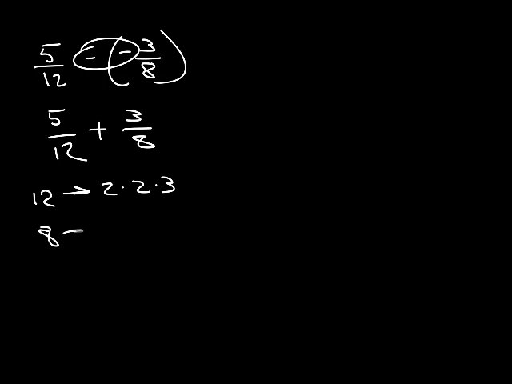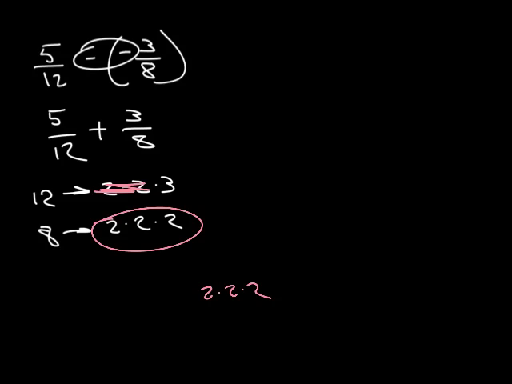And the 8 is 2 times 2 times 2. So we're going to look at the 2's in the top and the 2's on the bottom. 3 times down here, only twice up there, so we throw those out. So 2 times 2 times 2 is what we're keeping. And we have a 3 up here, but we don't have any down there, so we want the 3. So 2 times 2 times 2 is 8 times 3 is 24. So my common denominator is 24.